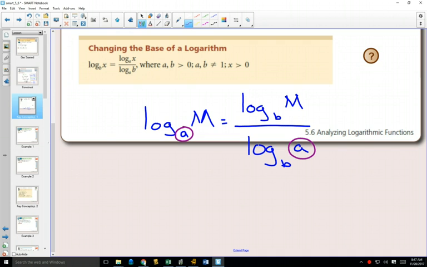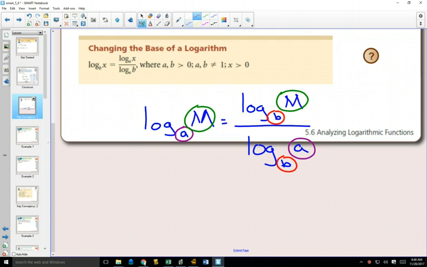The M that I circled in green here is also over here. But the B is only on the right-hand side of this formula, and so that B means that it can be anything. You could choose any base you wanted.